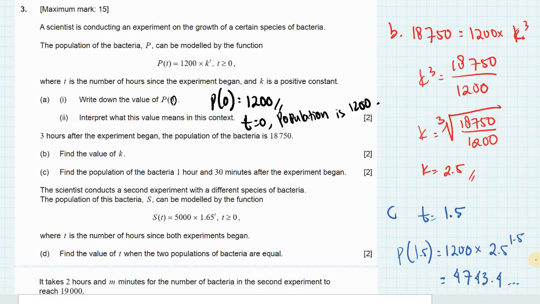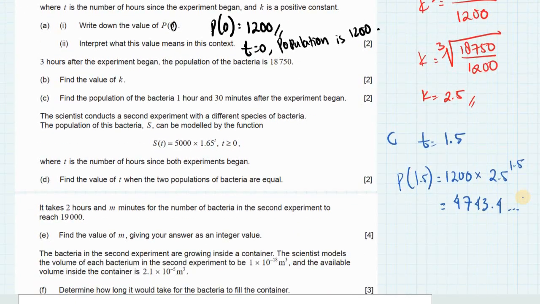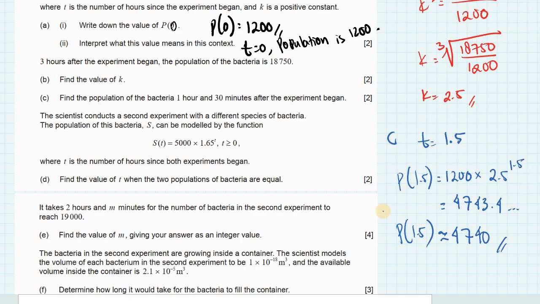We have to make this into 3 significant figures, so approximately 4,740 bacteria, and there you go. This is P of 1.5. Okay.